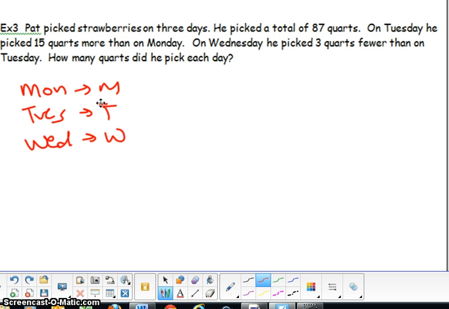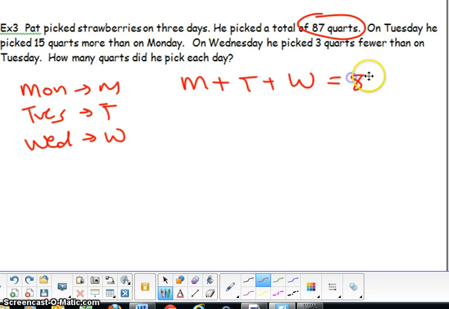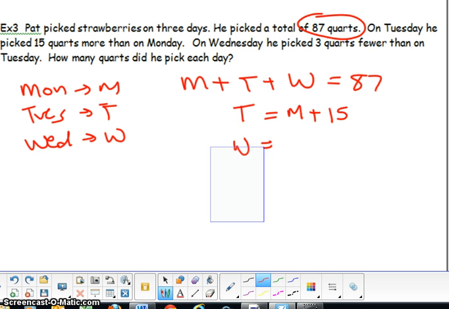And then if it says we had 87 quarts, that means Monday plus Tuesday plus Wednesday is going to equal 87. And then it says on Tuesday he picked 15 more than Monday. And then Wednesday will be 3 fewer than Tuesday.